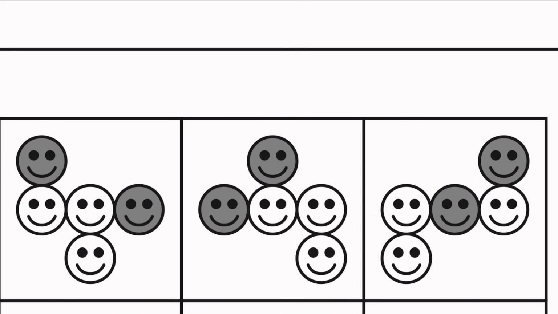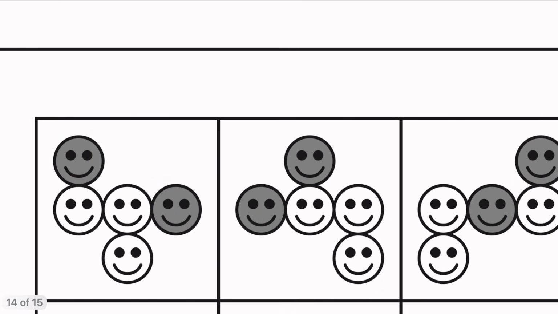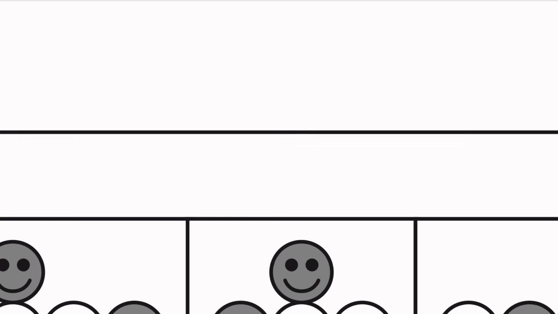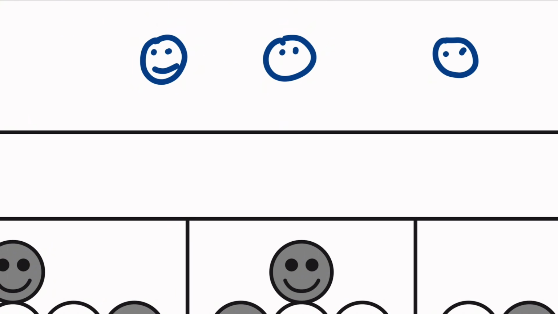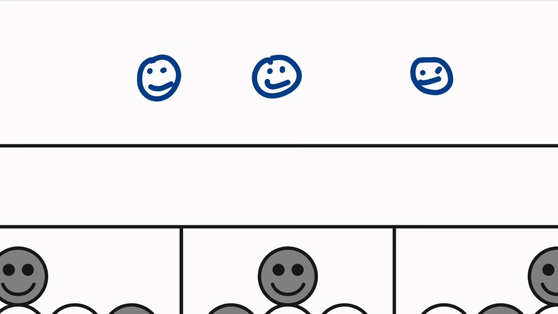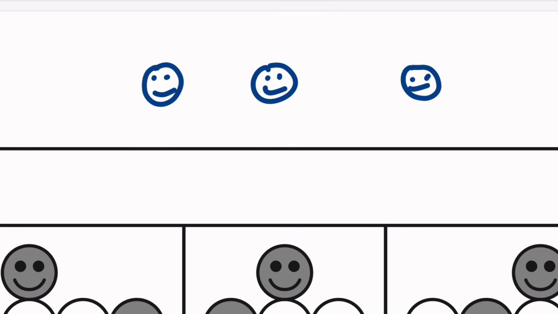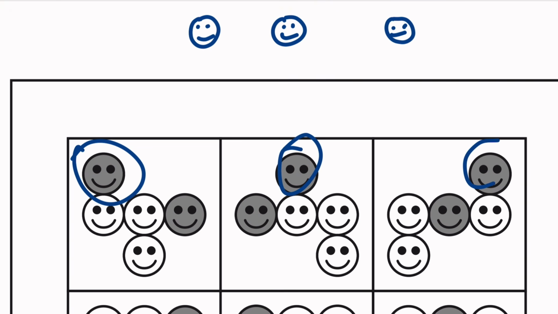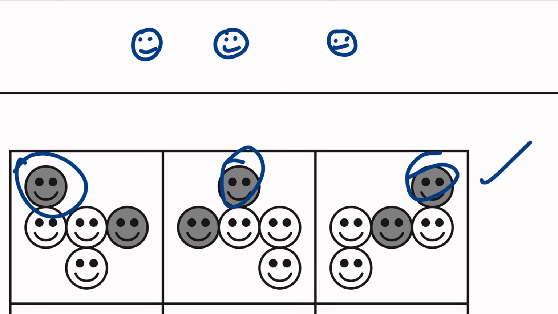If that still doesn't make sense, I'll put it in simpler terms. Basically, in the top row at least, you can either have the smiley face on the left, the middle, or the right, okay? Each box is showing each possible way, and each row should show all the ways. So look here, we have one on the left, one in the middle, and one on the right. So that completes that row, okay?